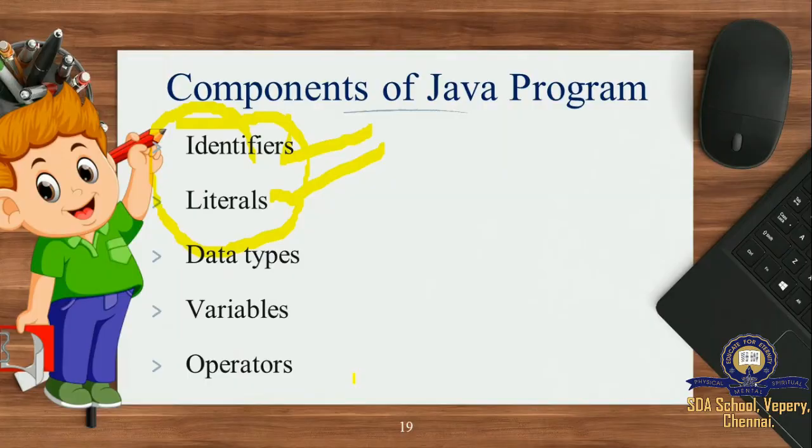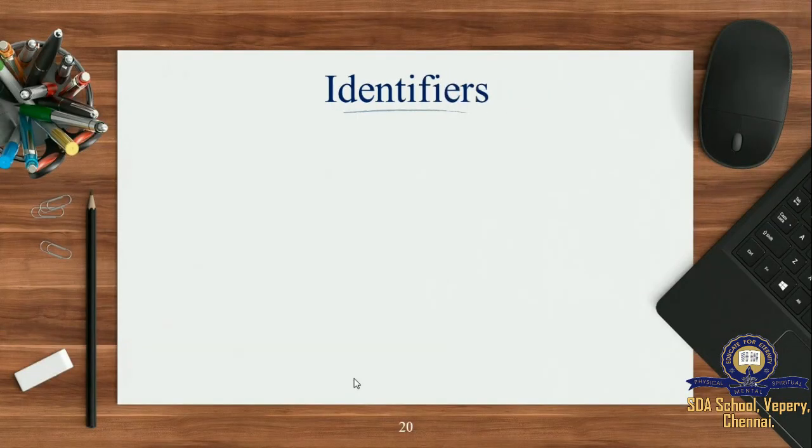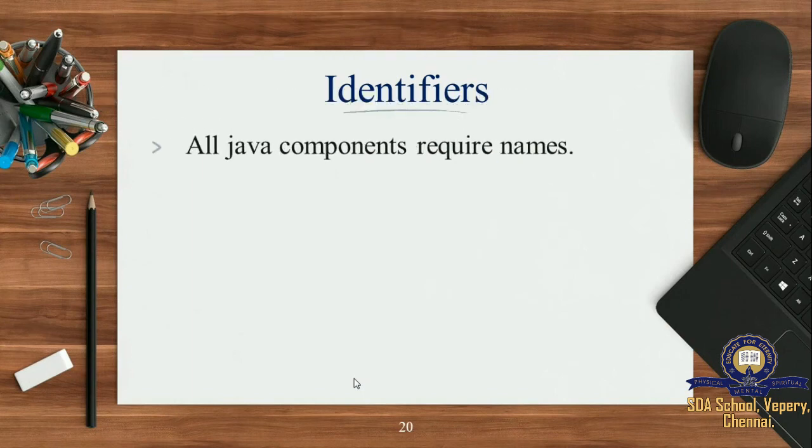Okay, children. Now first identifiers. In identifiers we again have some categories. Before going into the rules, we will see what an identifier is. All Java components require names. Yes, without names, can you write? For example, we created a program.